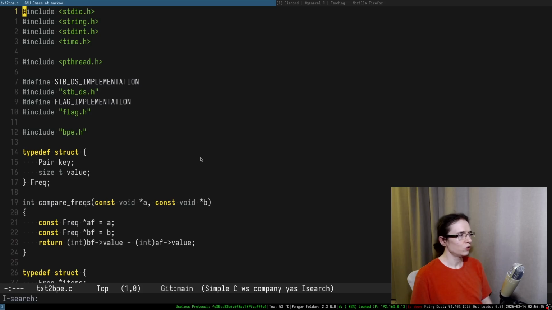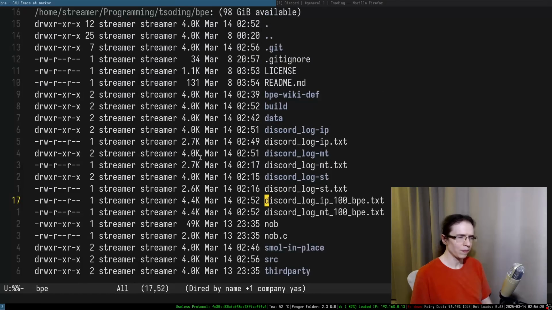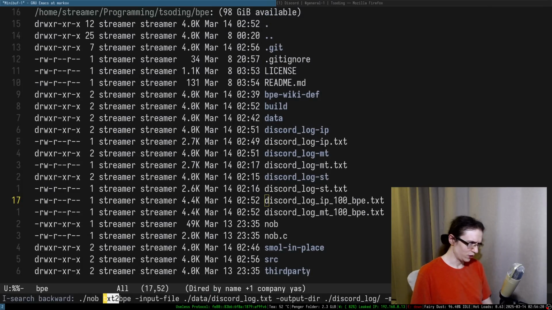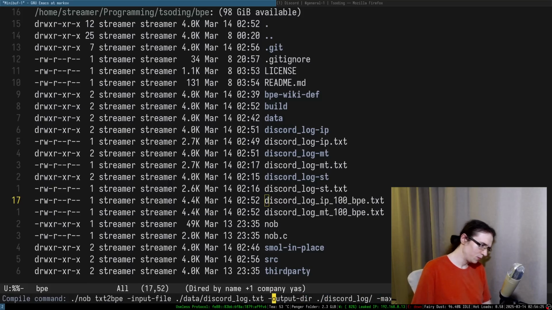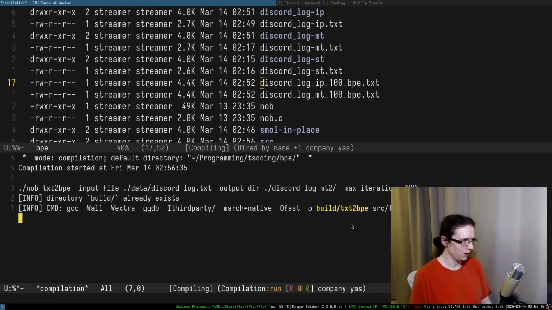Okay, so I do have in place. Let's disable in place. Now I want to run txt to BPE, and I'm going to save the output into MT2, because I want to make sure that I recreated the multi-threaded algorithm correctly.